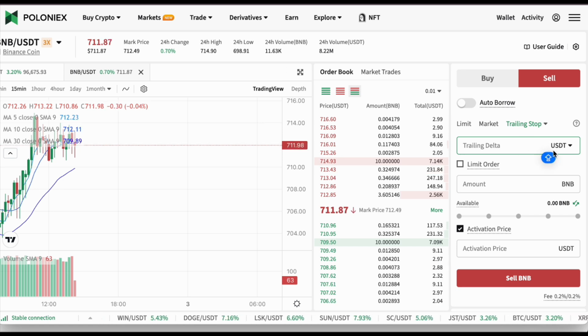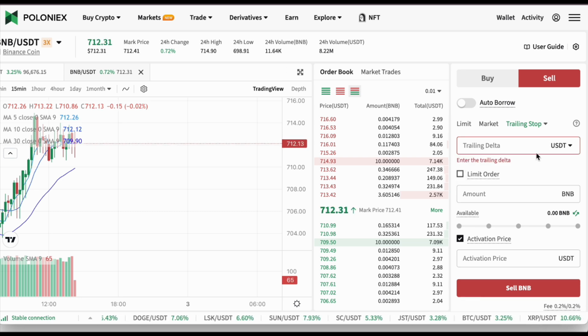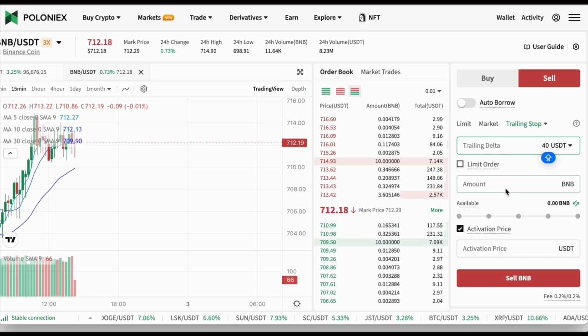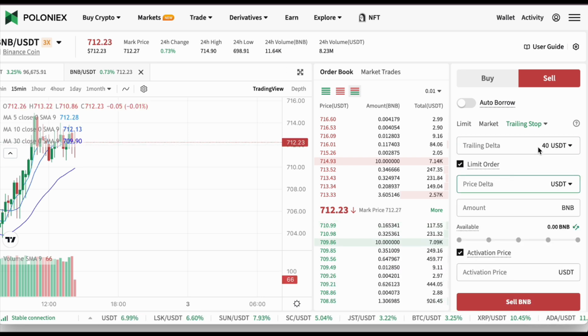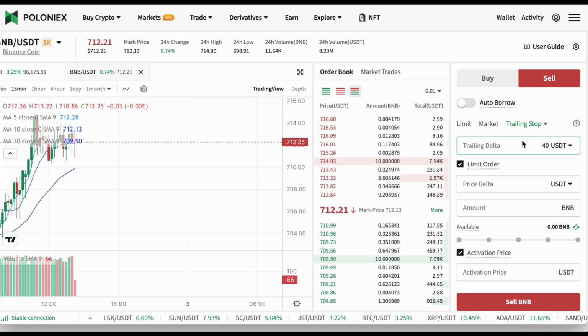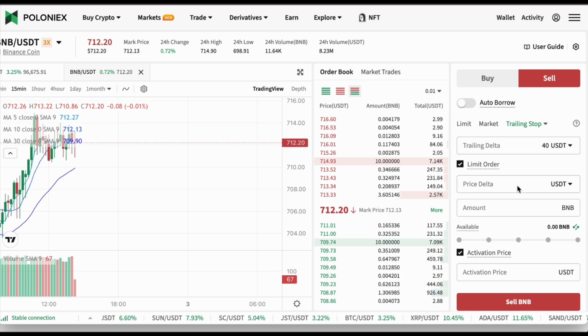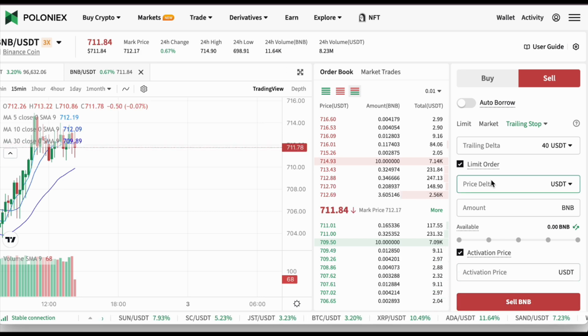You put in the amount of USDT, let's say 40. You want it to sell a particular quantity at different prices. So the activation price should be here. When you hit these prices, you sell off and all of that.